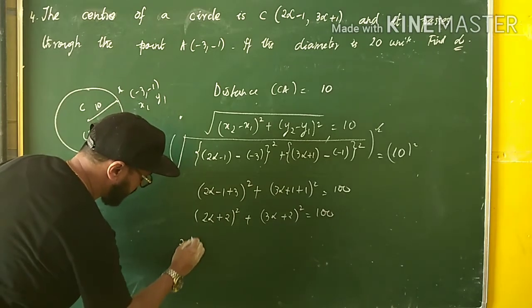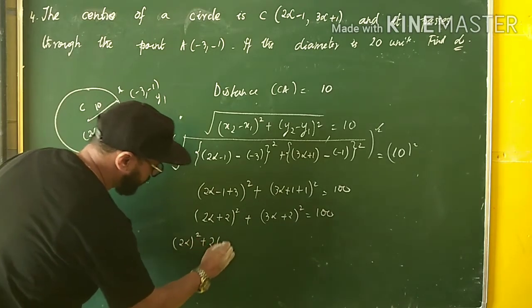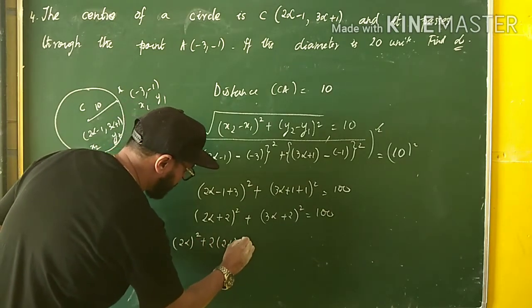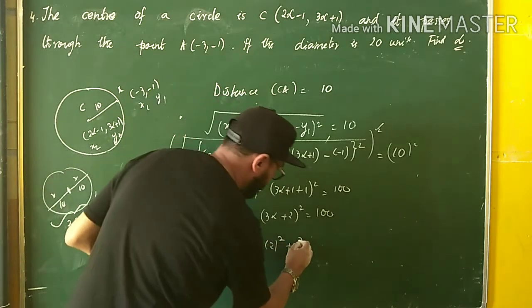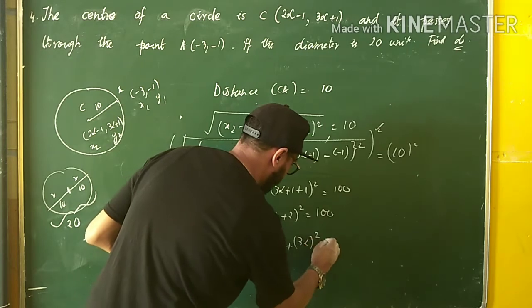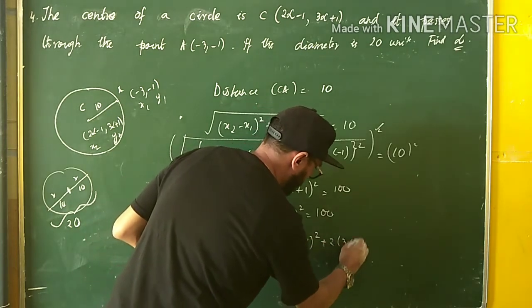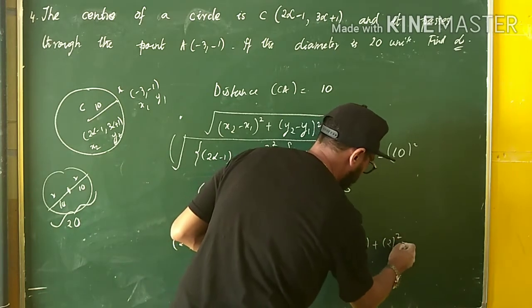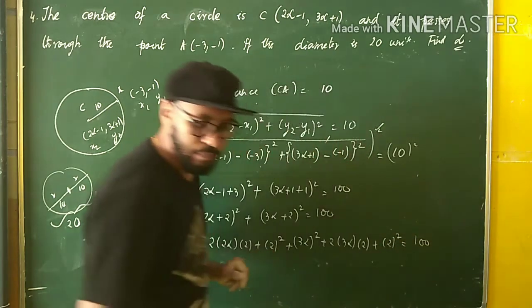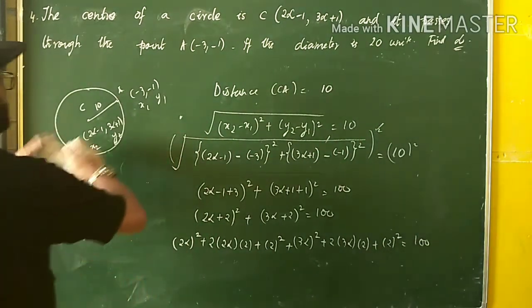Now let's expand this formula. So this is a square plus 2ab plus b square, plus this is a square plus 2ab plus b square, is equal to 100. Now let's do the calculation here.